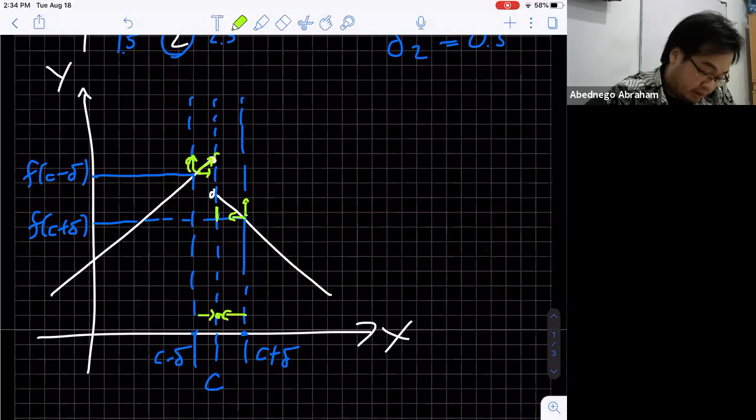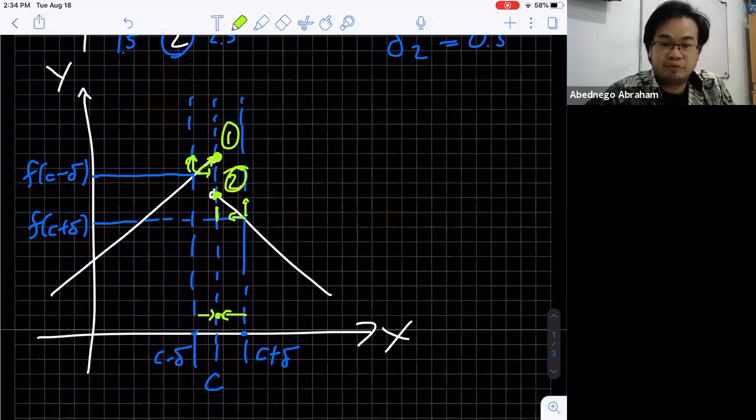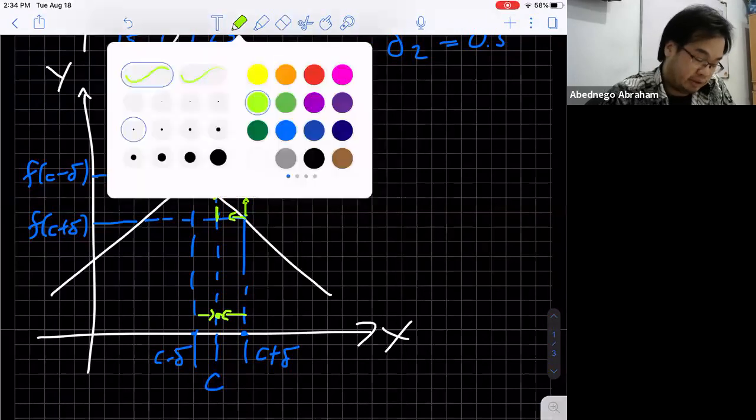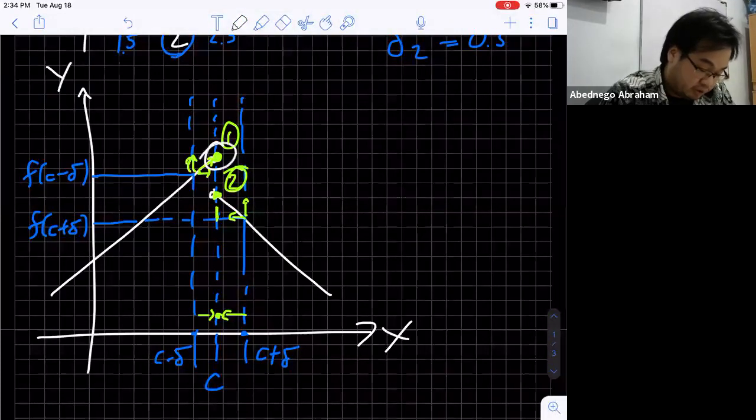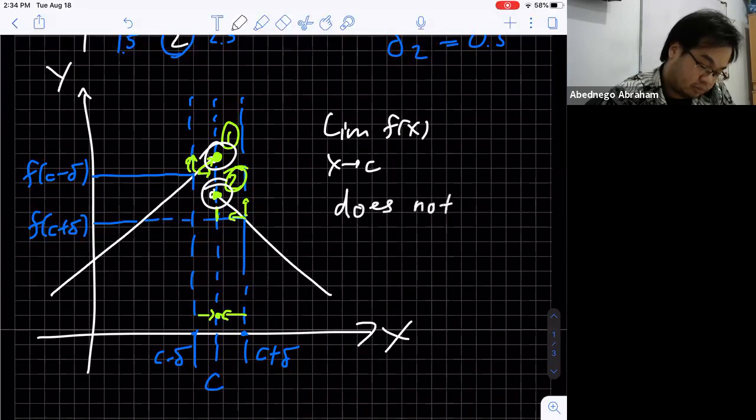One is getting here and the second one is getting there. If this happens, then although delta is there, we cannot keep the function within epsilon units because it's totally different: one is here and one is there. So we say that the limit of f(x) as x approaches c of this function does not exist.